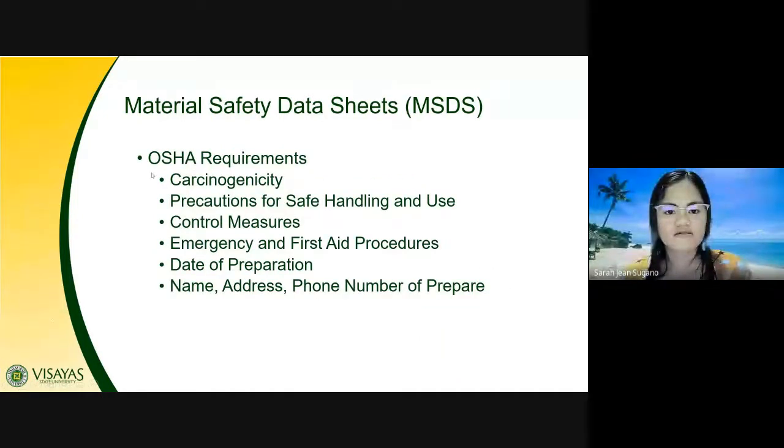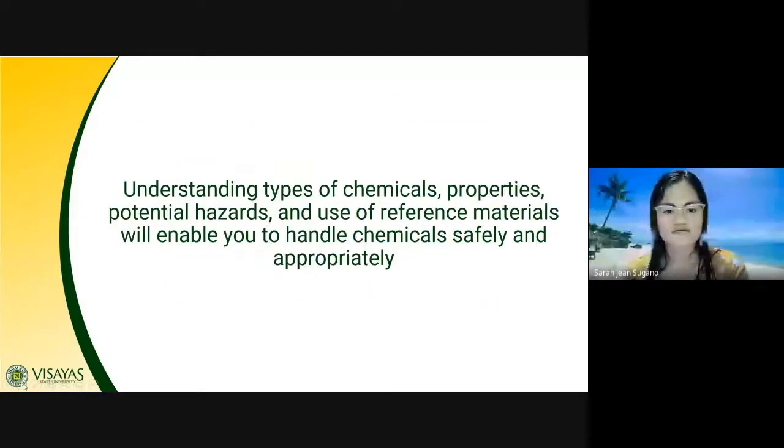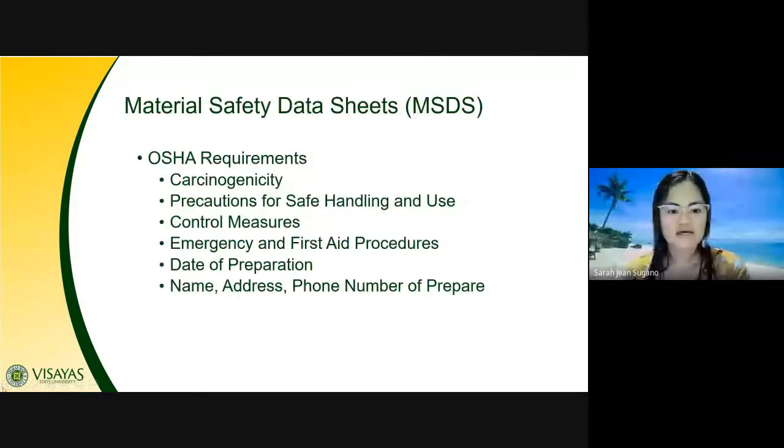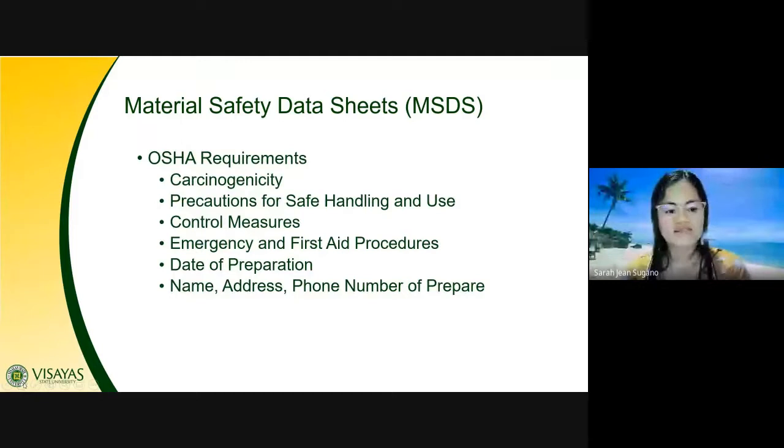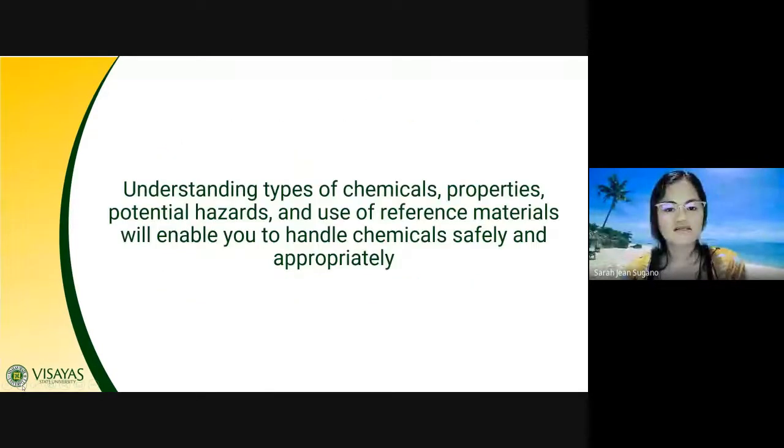You will also know the carcinogenicity, the precautions for safe handling and use, control measures, emergency and first aid procedures, date of preparation, and the name, address, and phone number of the preparer. Okay, so that's it for the material safety data sheet, the chemical references.